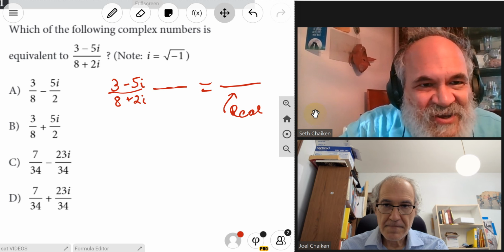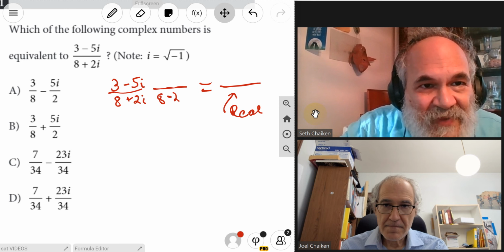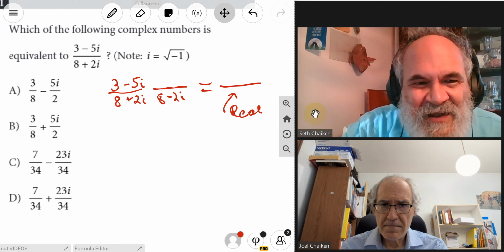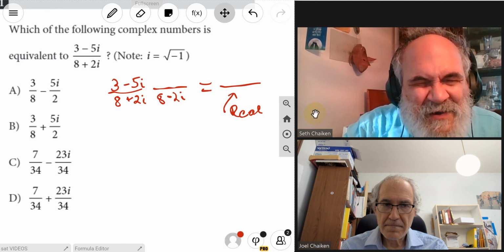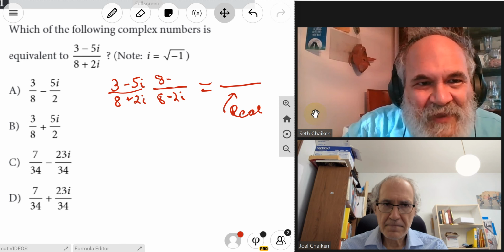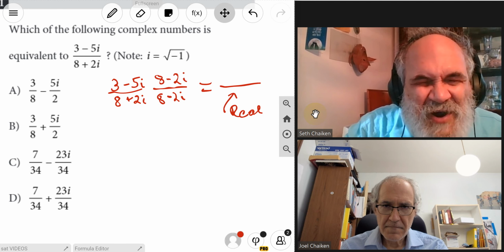The complex conjugate of the denominator in question is 8 minus 2i. To get the conjugate, all you do is change the sign of the imaginary term. Now, the trick is to multiply the number as written on the left by 1. And of course, as in all arithmetic, when you have two numbers dividing each other and they're both the same and non-zero, you have 1.